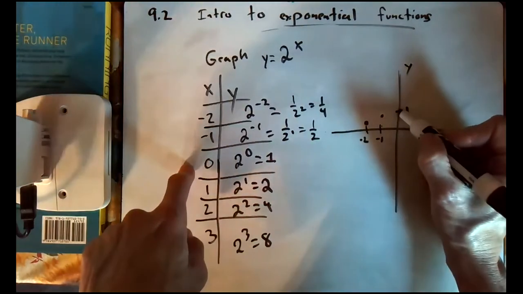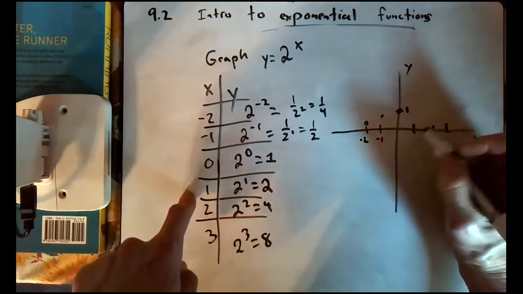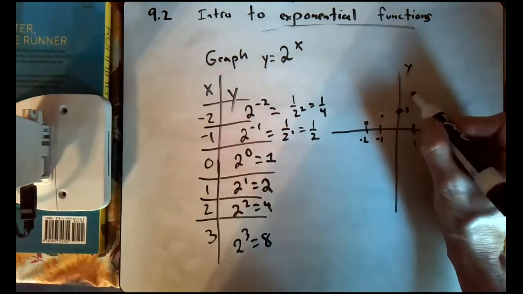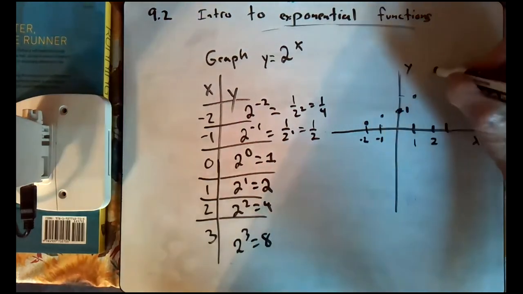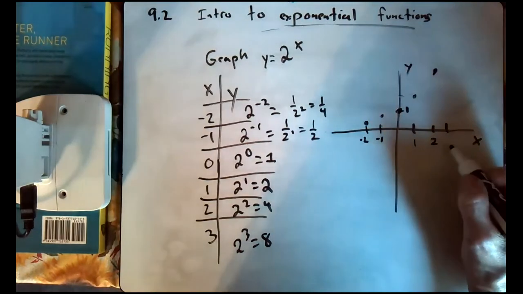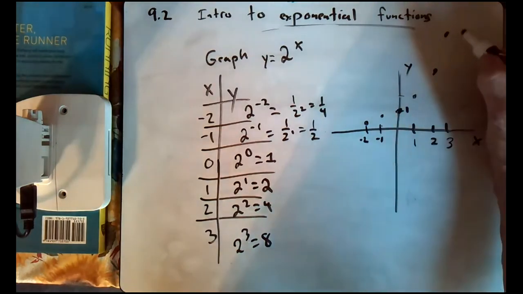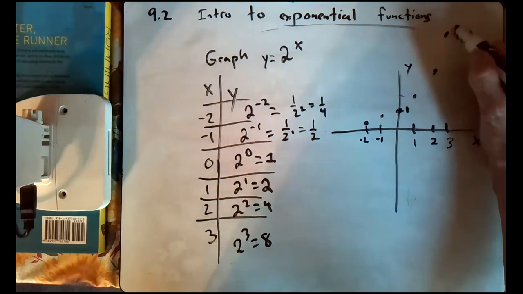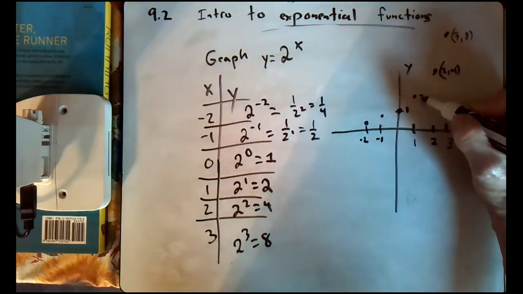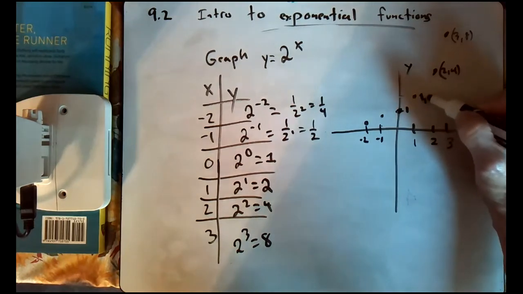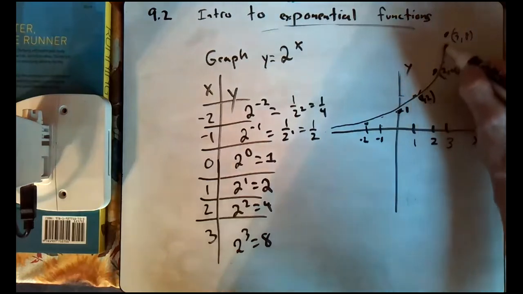When x is 0, y is 1. When x is 1, y is equal to 2. And then when x is equal to 2, we get to 4. And then when x is equal to 3, it goes up towards 8, right? So this is 3, 8, 2, 4, and this is 1, 2. Now, if we sketch this thing, it does something like this right here.